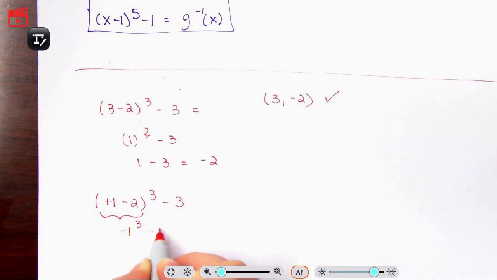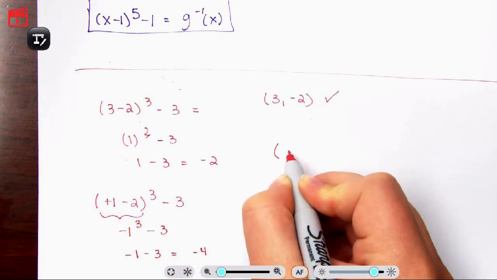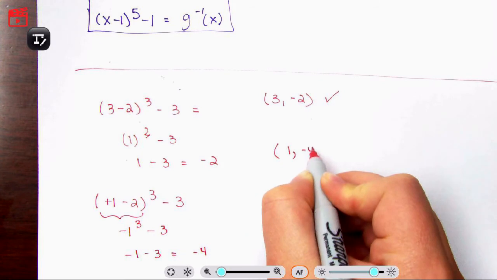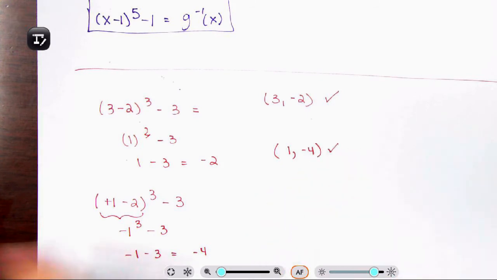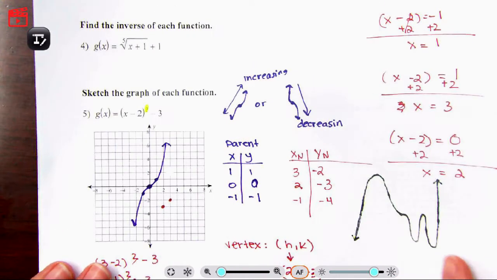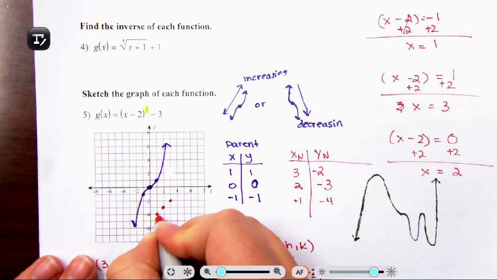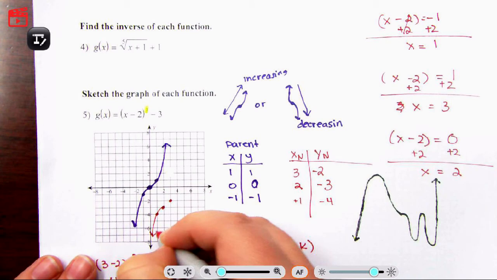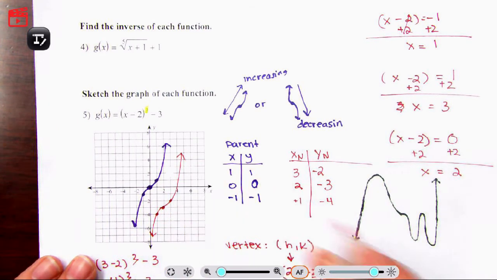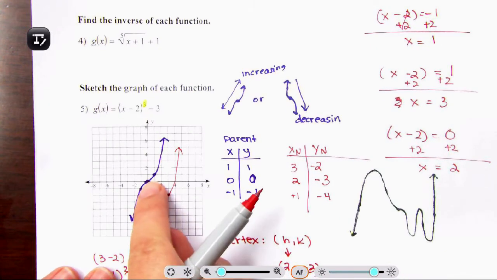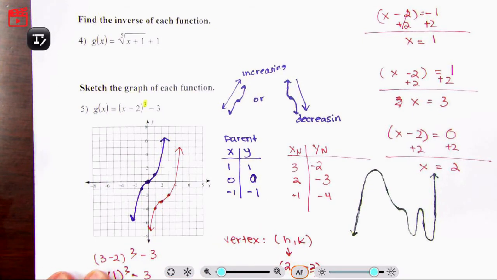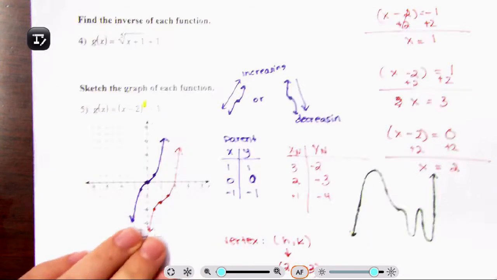So negative 1 cubed minus 3. Negative 1 cubed is negative 1, minus 3. That's negative 4. So my input is positive 1. My output is negative 4. So let's go ahead and change that. So positive 1, negative 4, there it is. Now we can continue by sketching out what our parent looks like. So this is the original, this is the parent, and this is the transformed cubic function. Sorry about the hiccup, you guys.